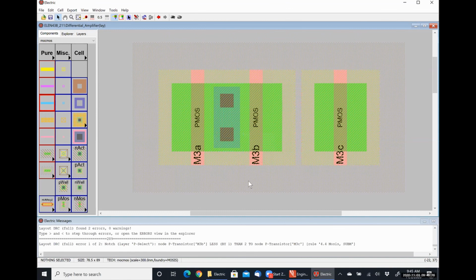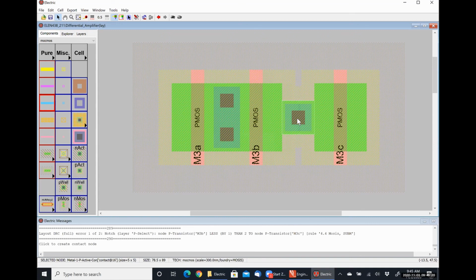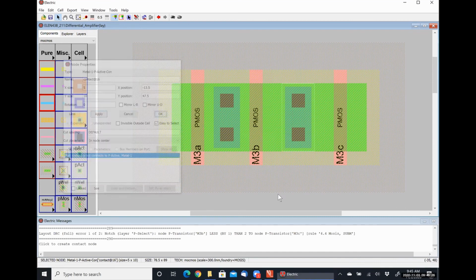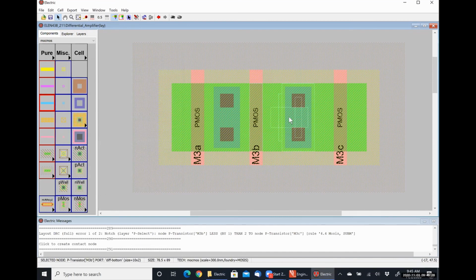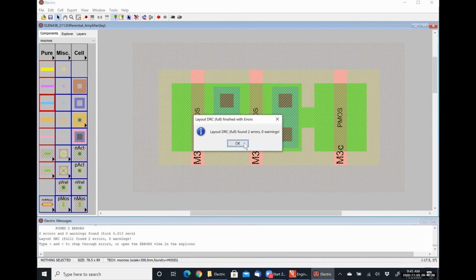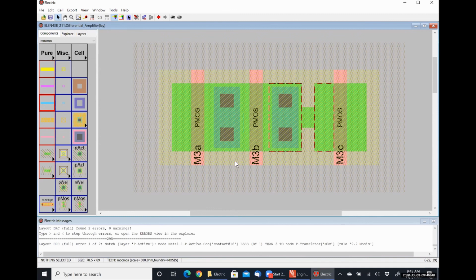It's just saying that those two guys are too close to each other, which is fine because they're about to be connected together. It's telling me that that stub, it doesn't like it.